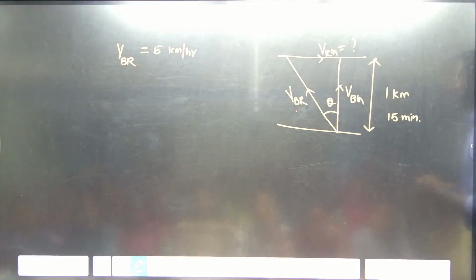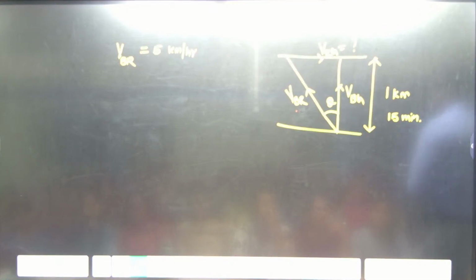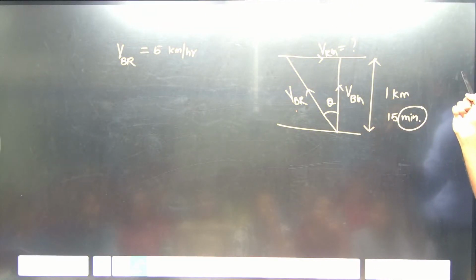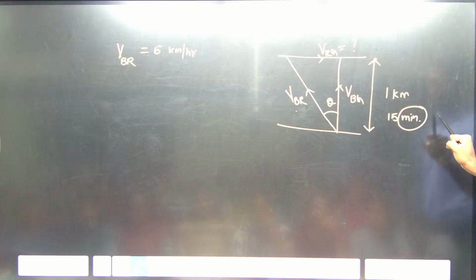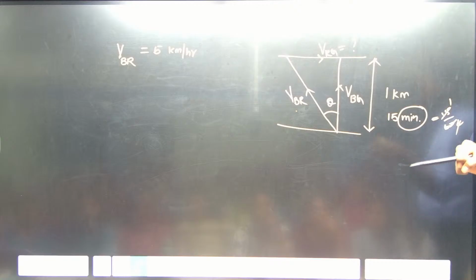One thing I need to understand: whatever the units are, I need to convert into a single unit. Kilometer per hour they have given. So 15 minutes is equal to how many hours? If you are not getting, take 15 divided by 60, which is 1/4 of an hour.